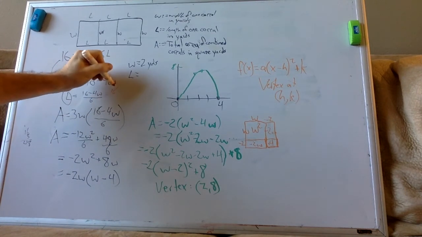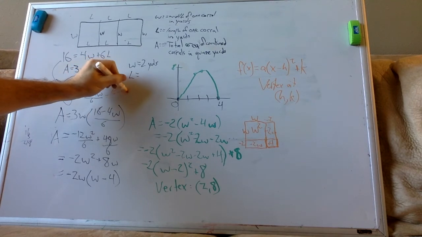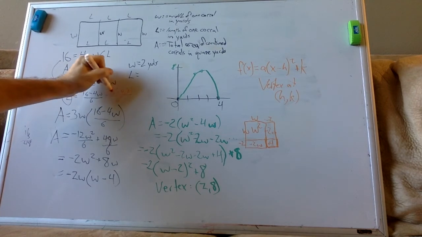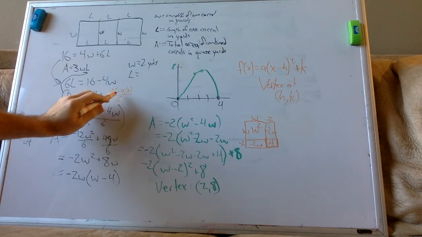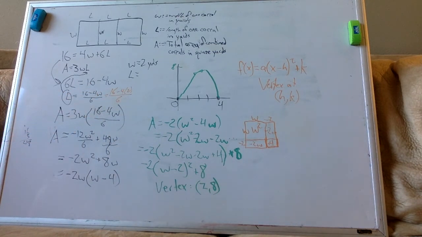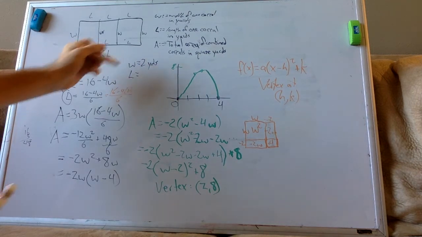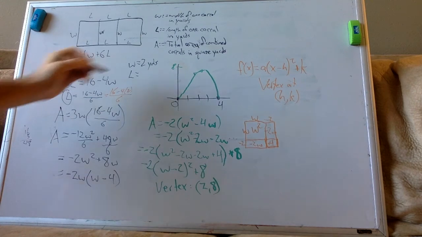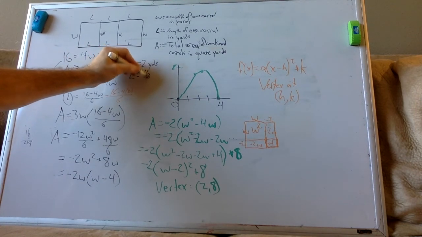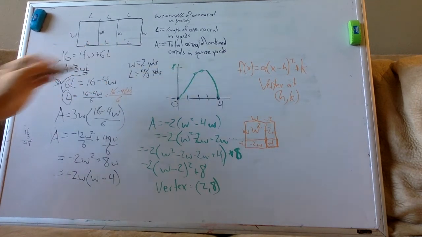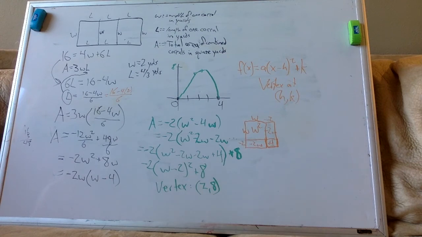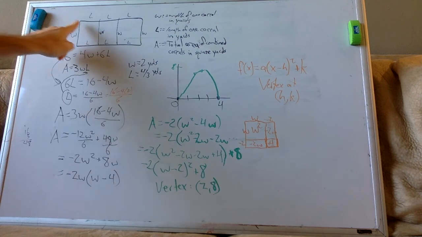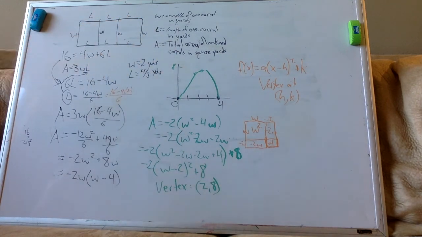So I have 16 minus 4 times 2 all over 6. 4 times 2 is 8, so 16 minus 8 is 8, so 8/6, or we can reduce that to 4/3. So my length was 4/3 yards. Some people wrote 4 yards, and they forgot to answer the question properly. 4 yards would be the entire length of the 3 together.